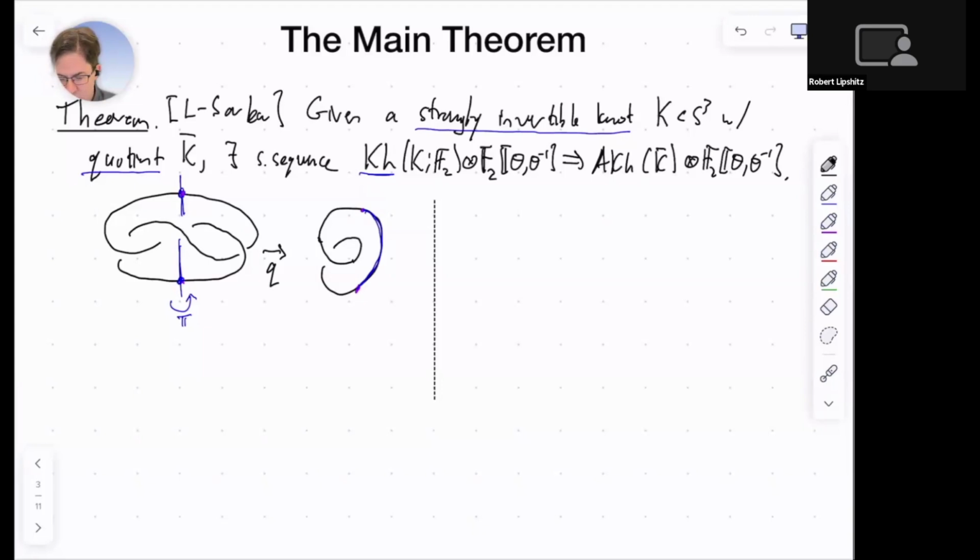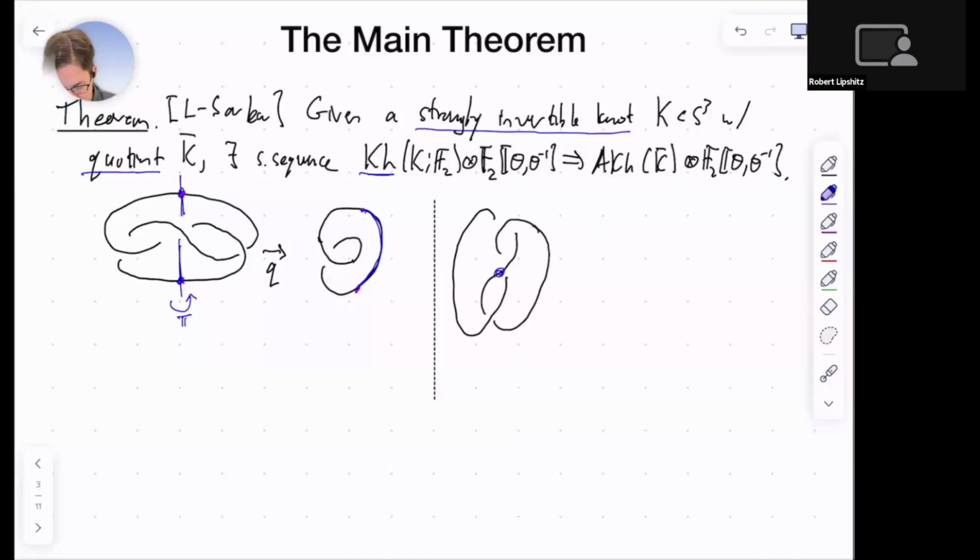There's another way to draw these knots, which is actually going to be more relevant to the main theorem. In the picture I just drew, the axis is in the plane, but you can also draw it with the axis perpendicular to the plane. So there's the same knot, the trefoil again.